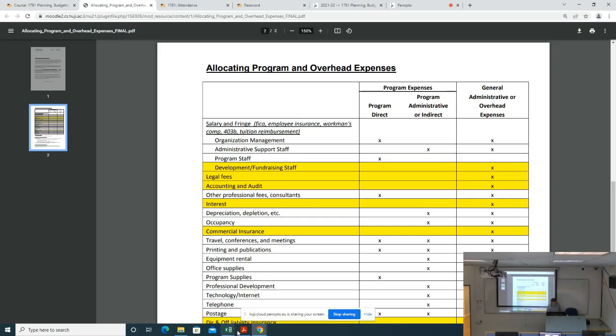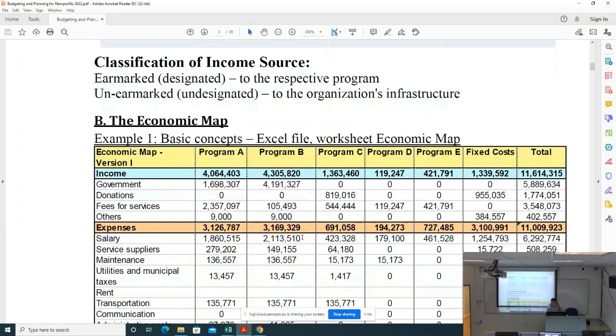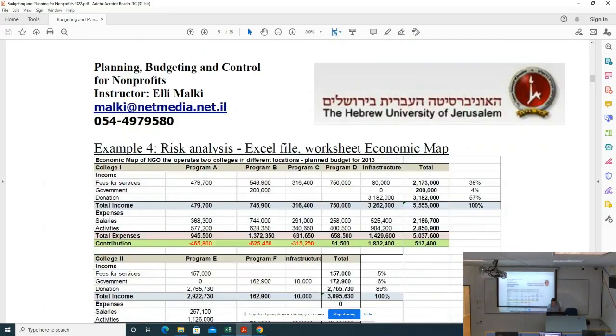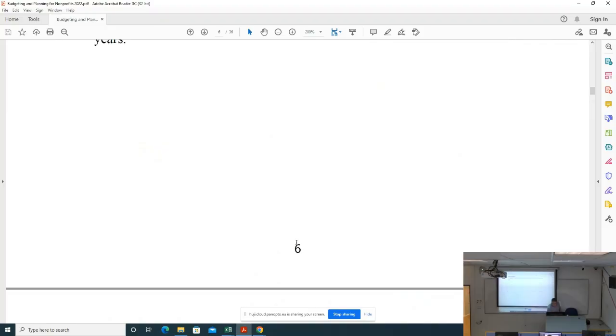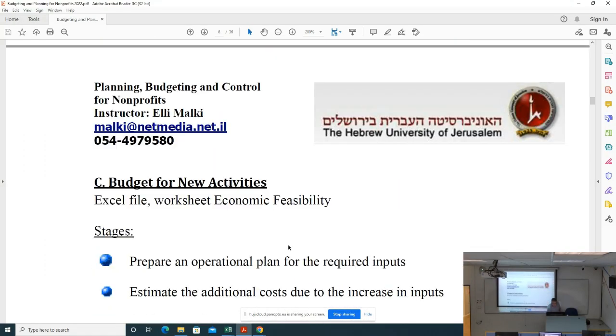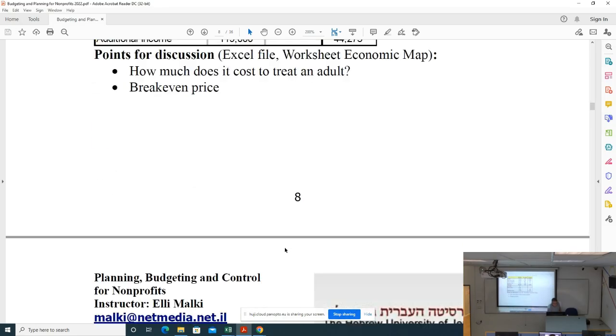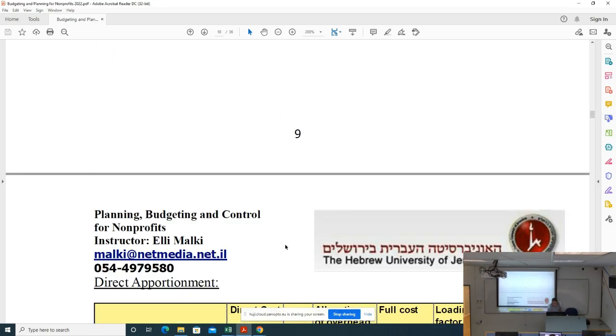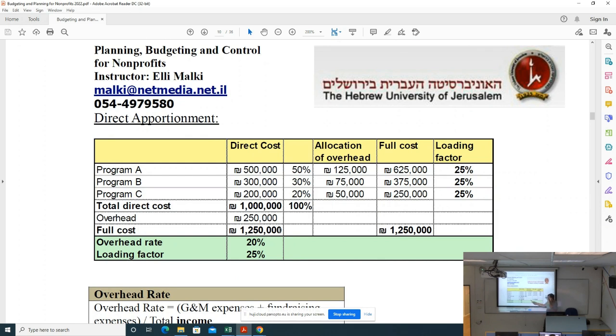All right, so let's go back to our example. Here in this example, I use only two layers. Let's put aside the fixed program. Let's assume that there are no fixed programs. So we have program costs, which are direct, and there is the overhead, which is the indirect. Now I want to allocate the 250,000 of the overhead to each one of the programs.